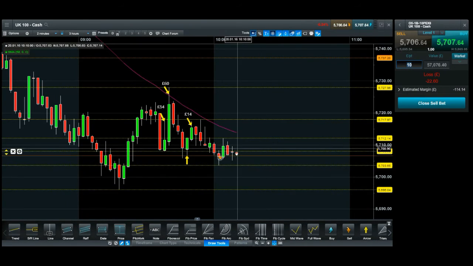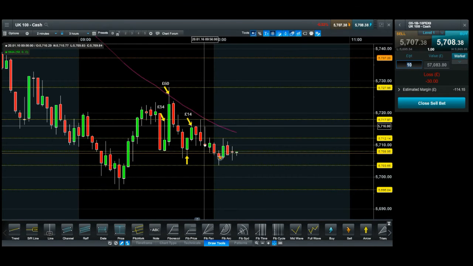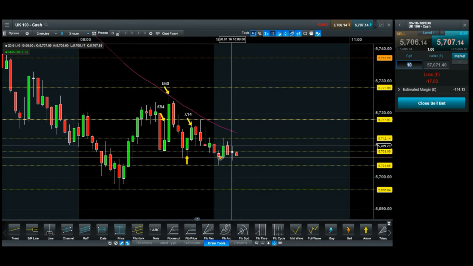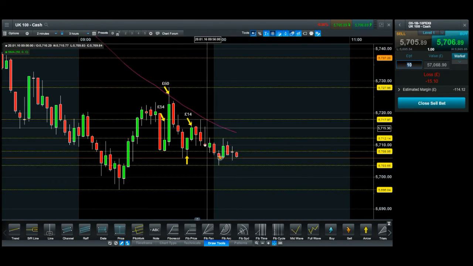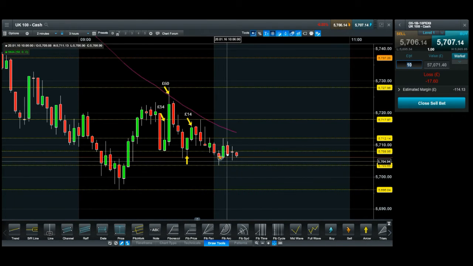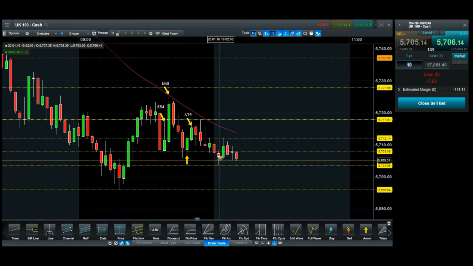As you can see from the previous minutes, the index is not able to climb above it. So that indicates that I'm still in the correct direction. With that kind of confidence, I'm not going to give up on this trade yet.